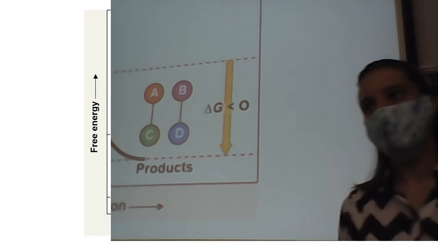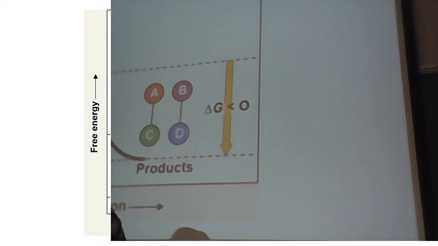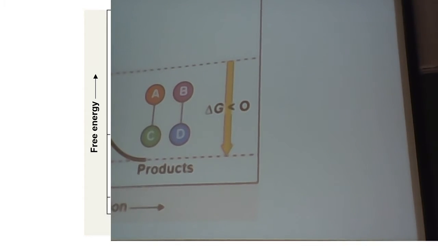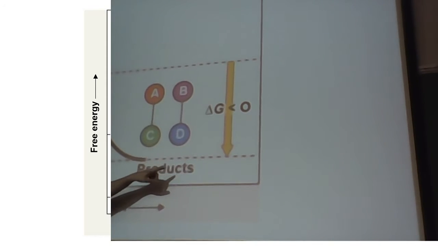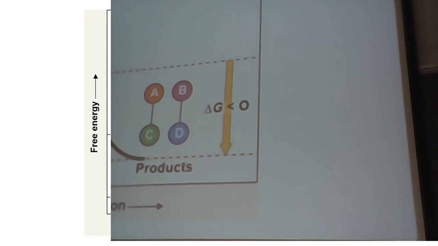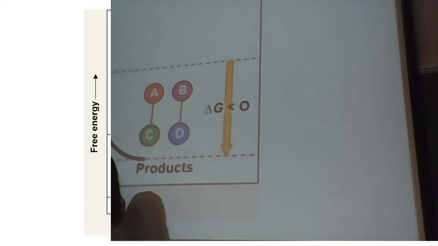What enzymes are going to do is they're not going to mess around with where the reactions start. The reactions already exist. They also don't mess around with the end product. This overall change in G, they can't touch that, okay? What they can touch is they can mess around with the activation energy.